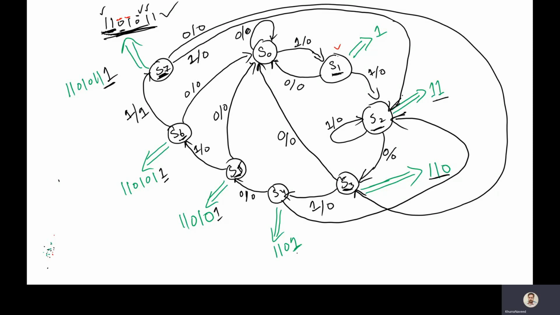From here, we can make a state table and see whether we can reduce any state or not, right? So let me make a state table.